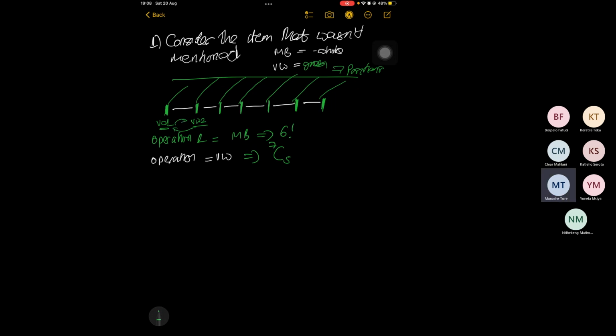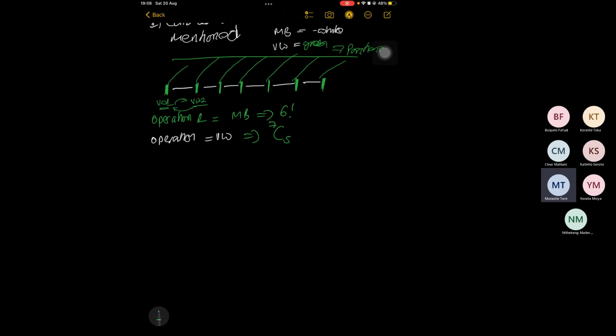Going back to our definition, AB is not equal to BA. This is in the case of a permutation. So this is literally our case, isn't it? As it is now, order matters, and if order matters, then BA is not equal to AB. So this is going to be 7 choose 5.